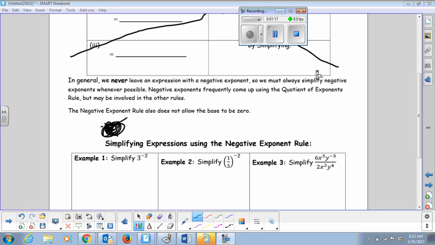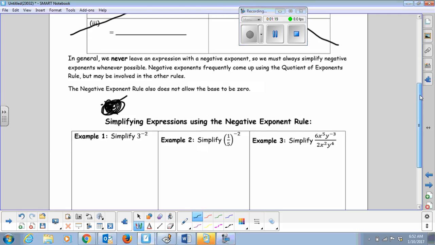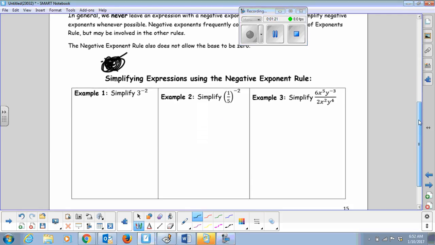So I'm going to go ahead and do all 3 examples actually. So in example 1, we have 3 to the power negative 2. So basically, to make this exponent positive, we need to put it to the opposite side. So 3 to the power negative 2 is the same as this over 1, right?